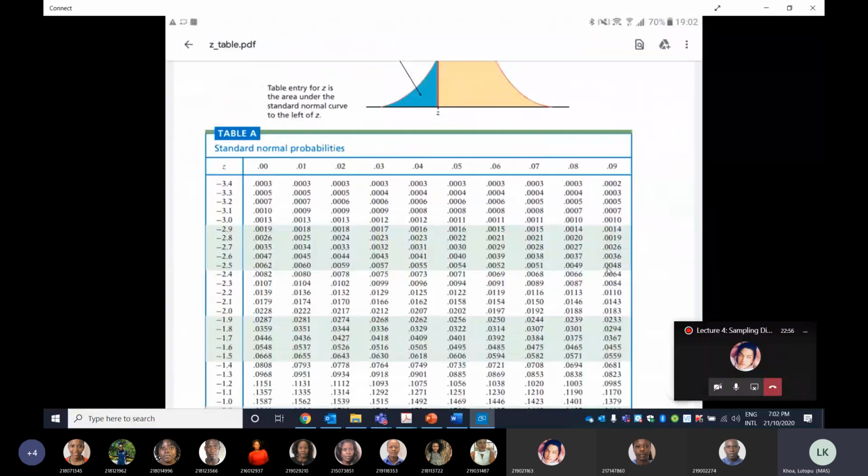So that tells us that the area beyond negative 8.4, on the left of negative 8.4, is almost 0.